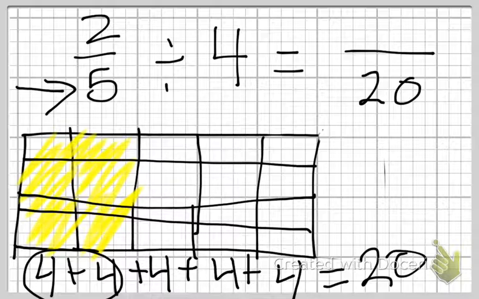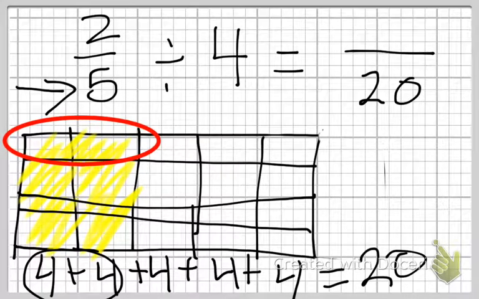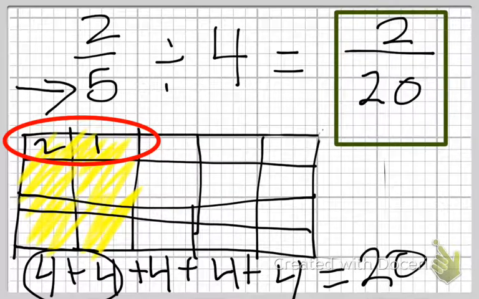I need to share those 8/20 between my 4 friends. So I am going to give each friend 1, 2 pieces of cake, or 2/20 of my cake, which is coincidentally my answer.